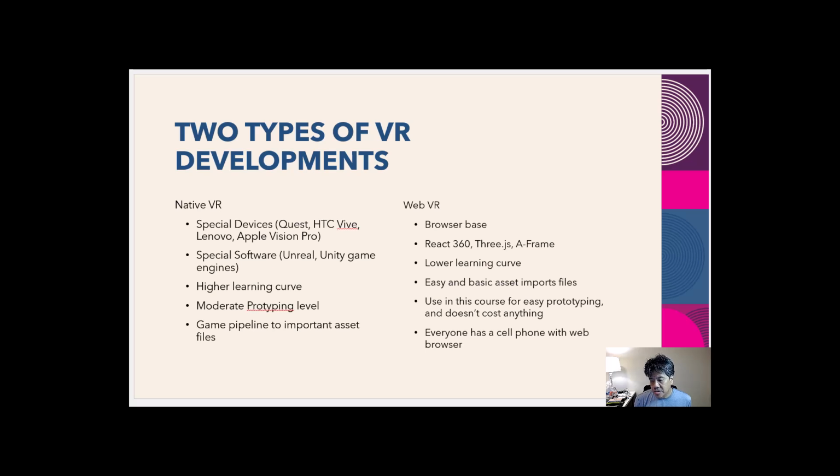The Lenovo is like $1,000. The Apple Vision Pro is about $3,500. So they're pricey, is my point, if you're planning to do native VR. The cheapest way you can get away with is the Quest 3S, which is what I got. The Quest 3, no S, is about $500. So it's kind of pricey.